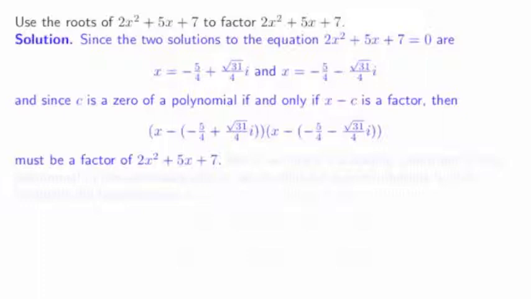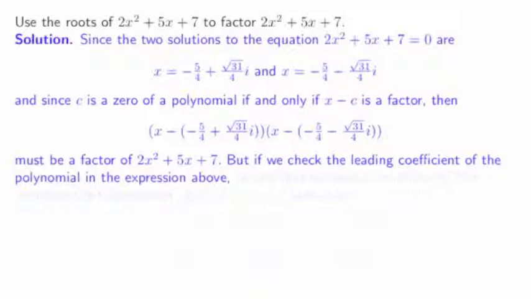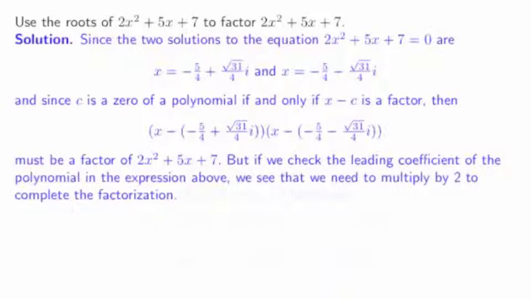Now, 2x squared plus 5x plus 7 does not quite factor in just those two. The leading coefficient of our quadratic is 2, but the leading coefficient of x minus that complex number times x minus the other one is just 1. We see that we need to take that factoring we just got and multiply by 2 to complete the factorization.